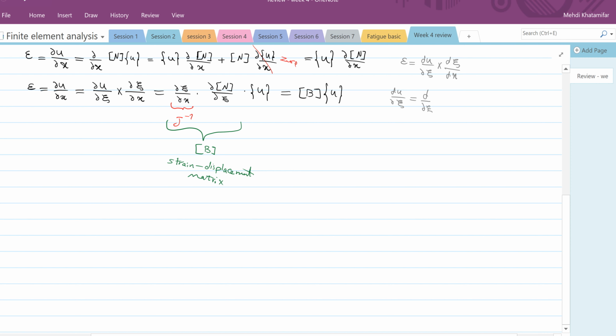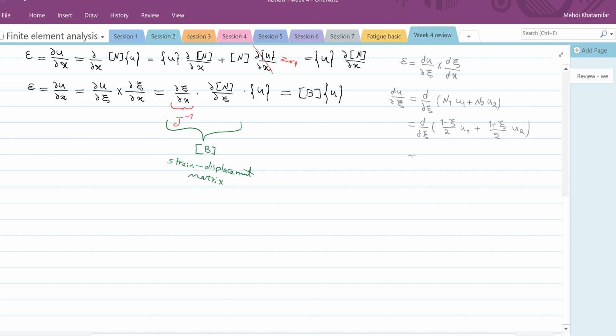U is N1 times u1 plus N2 u2. N1 was 1 minus psi divided by 2 times u1 plus 1 plus psi divided by 2 u2.